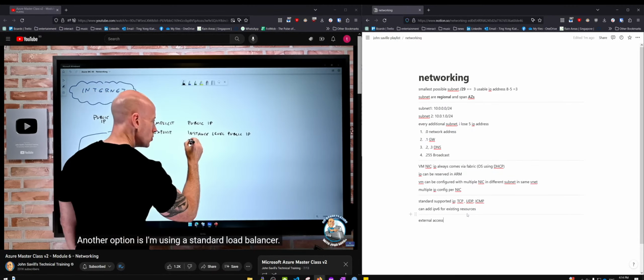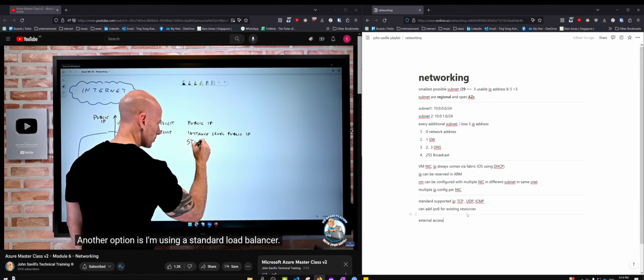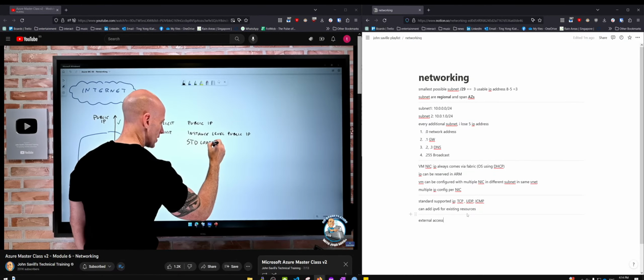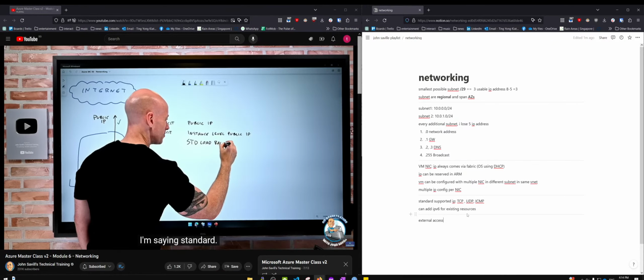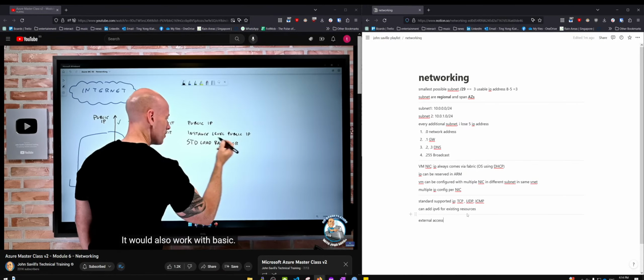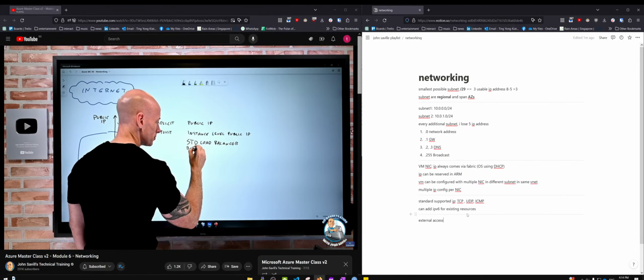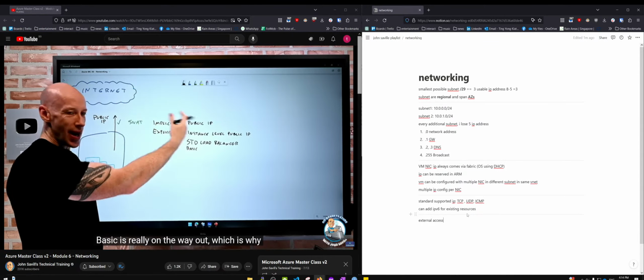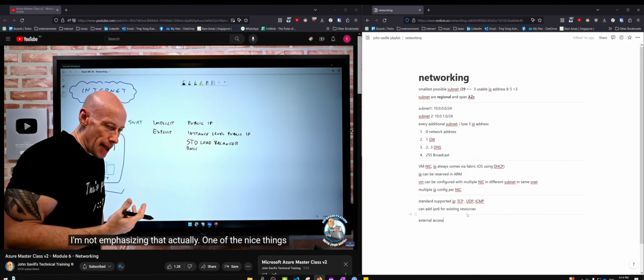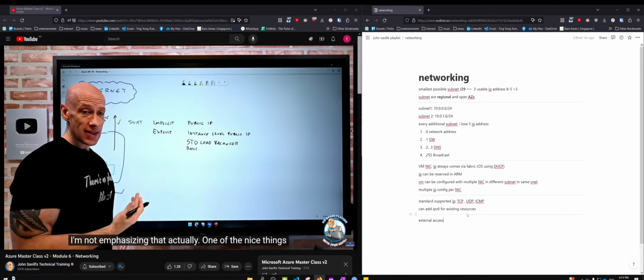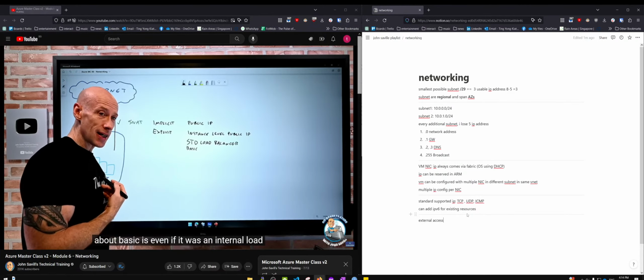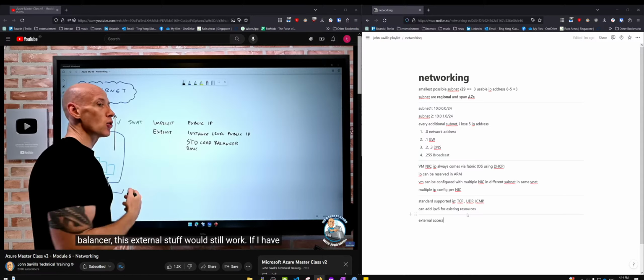Another option is using a standard load balancer. I'm saying standard, though it would also work with basic. Basic is really on the way out, which is why I'm not emphasizing it. Actually, one of the nice things about basic is that even if it was an internal load balancer, this external access would still work.